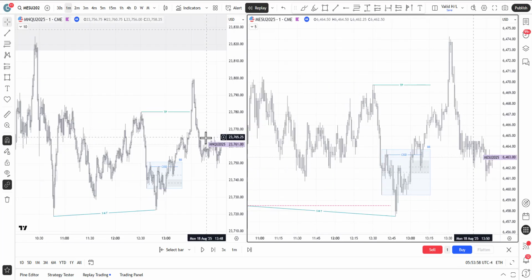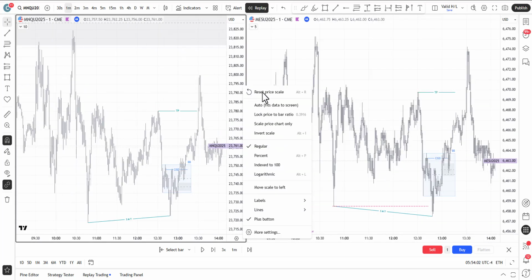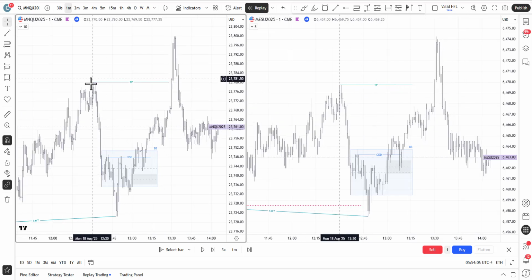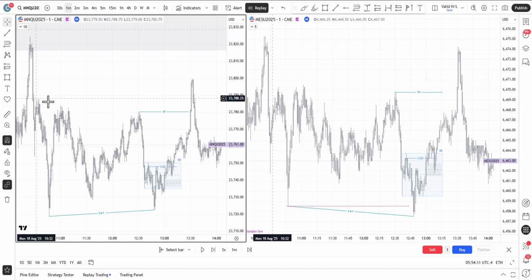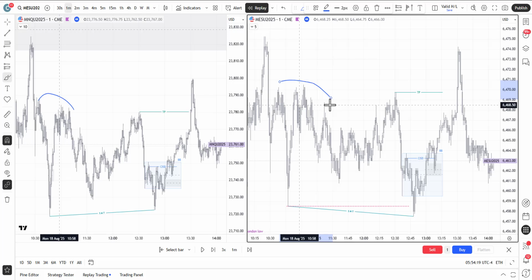So what would be the logical TP to take? I would say, because this is still a counter trend trade, the TP, this earlier high, is a logical level, but we need to take into account, please mind you, these levels as well, so they could be taken out as well.